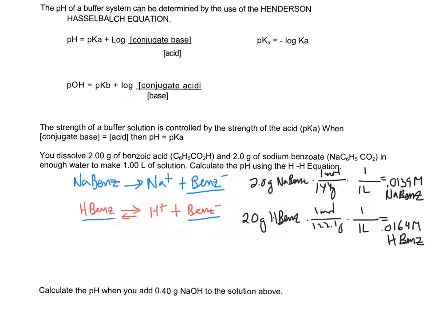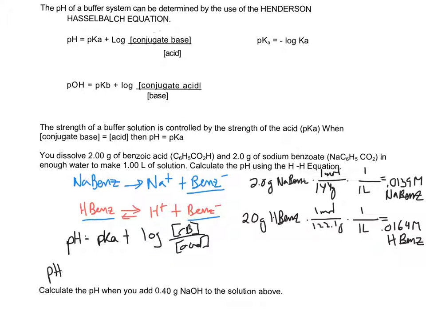So, if I wanted to calculate the pH of this, I have two options. I can do an ice chart for my benzoic acid. Start with my initial molarities, say that this is 0, do minus x, plus x, plus x, and plug in the Ka value, or I could use the Henderson-Hasselbalch. So I'm going to choose to use the Henderson-Hasselbalch here. So the Henderson-Hasselbalch would be pH is equal to pKa plus the log of the conjugate base over the acid concentrations.